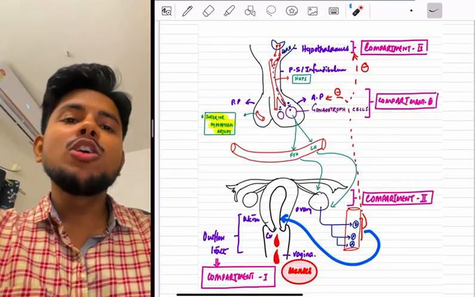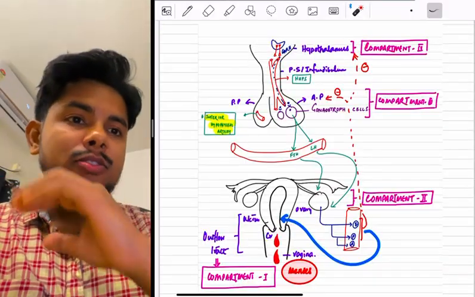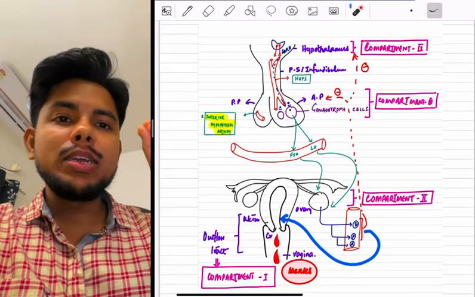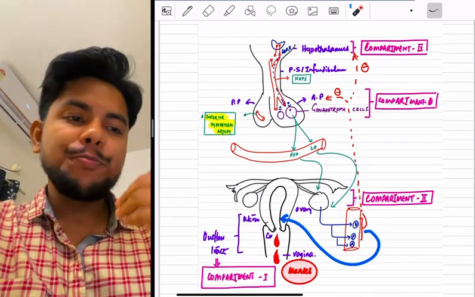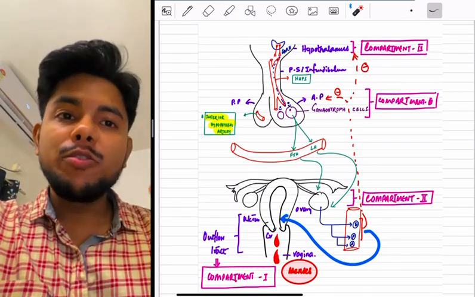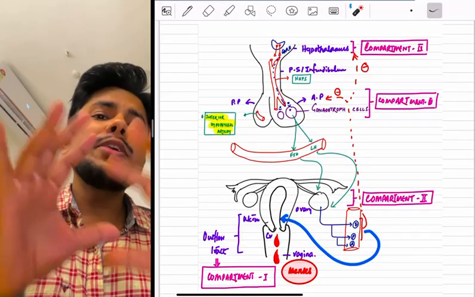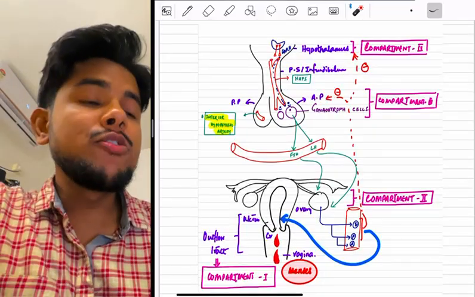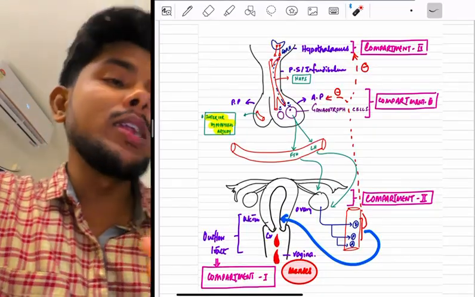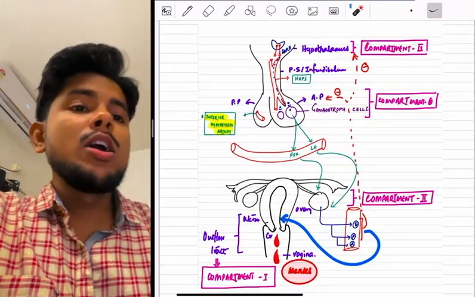FSH and LH, once released into the systemic circulation, travel distally and ultimately reach their target organ, which is the ovary, and the ovary releases estrogen, progesterone, and androgen into the peripheral circulation, and it regulates different functions, and one of them is definitely menstruation. So this is very, very important.